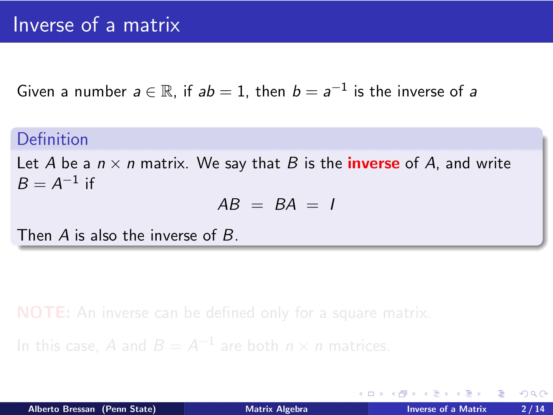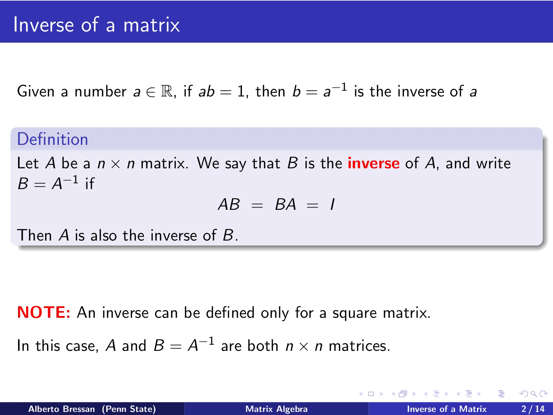So we see that this B should also be a square matrix, n by n. And in this case, A is also the inverse of B because the definition is symmetric.